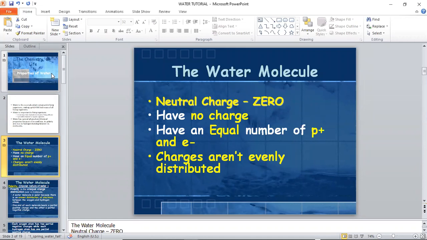It has no net charge, which means that it has an equal number of protons and electrons, equal number of positive charges and equal number of negative charges. However, the charges are not evenly distributed, and therefore one of the properties of water that comes from this description is its polarity.